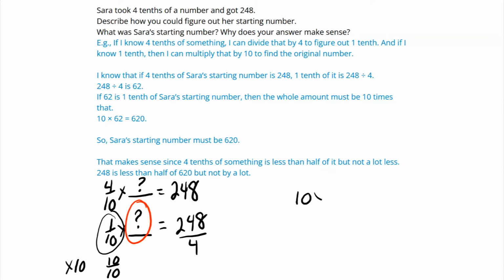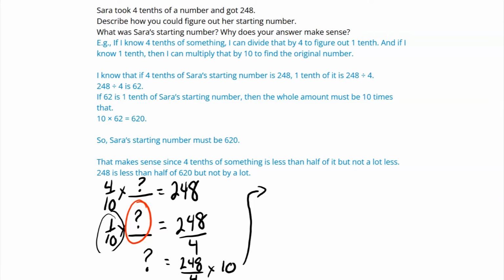Remember, 10 times 1/10 is equal to 10 over 10, which is just equal to 1. So to get rid of that 10th, we're multiplying both sides by 10, so we'll be left with just this question mark is equal to 248 divided by 4 times 10.